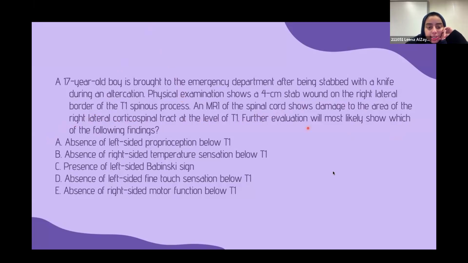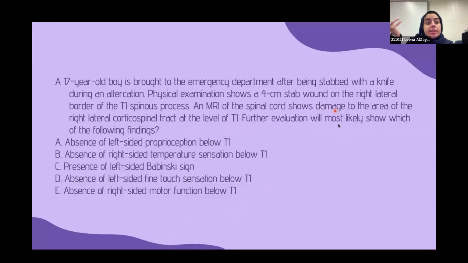In the medulla. It decussates in the medulla. Okay. And what is its function? Motor function. So what should be the answer? If we know that we're at this level of the spinal cord, the injury at T1, is it contralateral or ipsilateral?